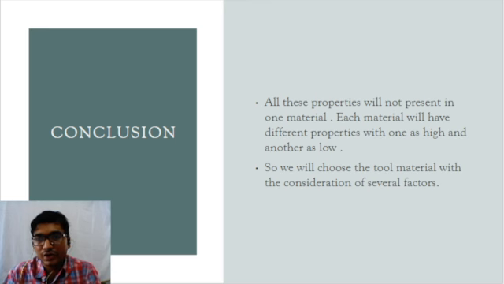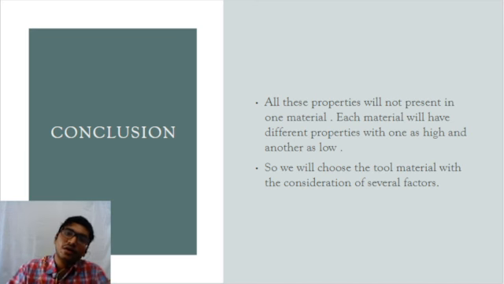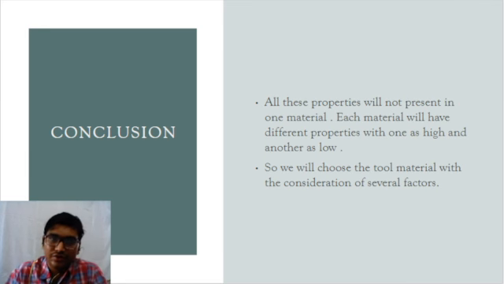We must choose the material in which the property that we want is present, and it will be decided by seeing what kind of work material we are machining, and comparing the properties of the tool materials with those of the work material. We can come to a conclusion that this material is suitable for the tool we are using.